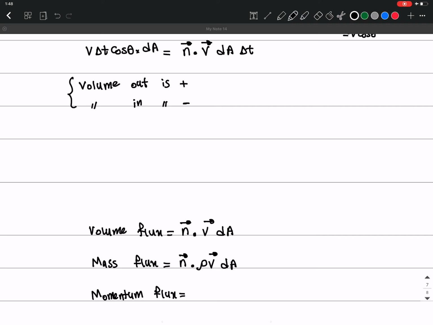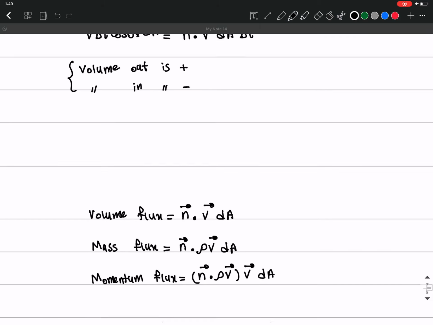So in order to define momentum flux, you just need to multiply m times V, right? So this is going to be momentum. So it's going to be n dot rho V, which is mass, times V. This is going to be momentum times dA. So this is momentum flux.